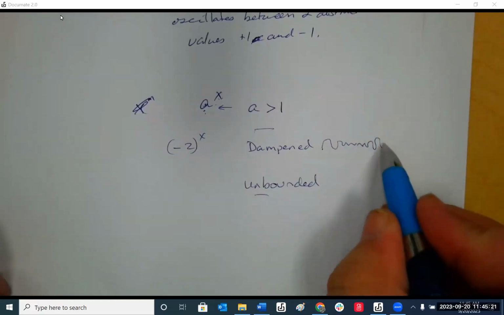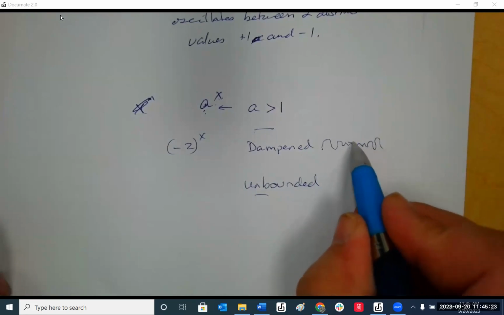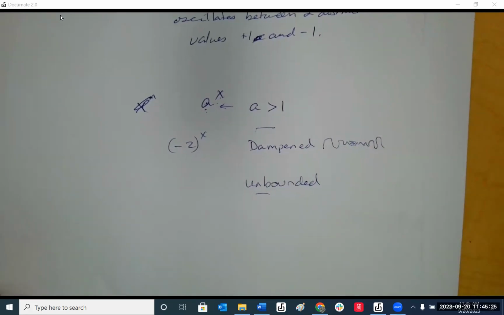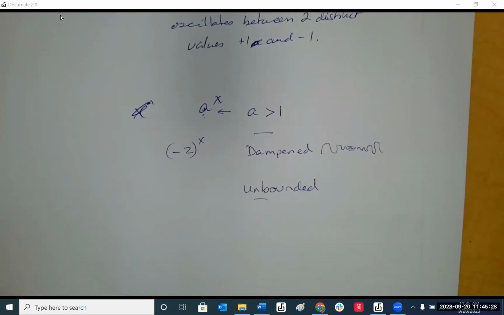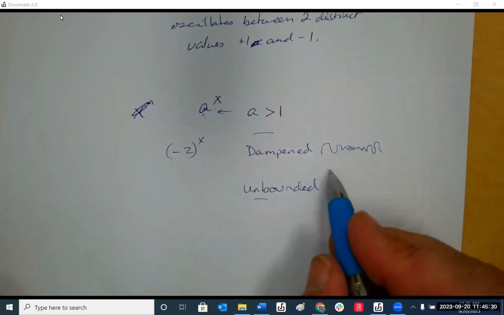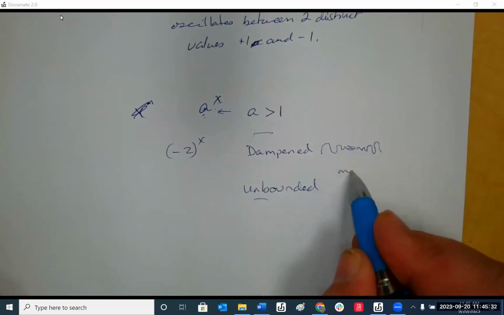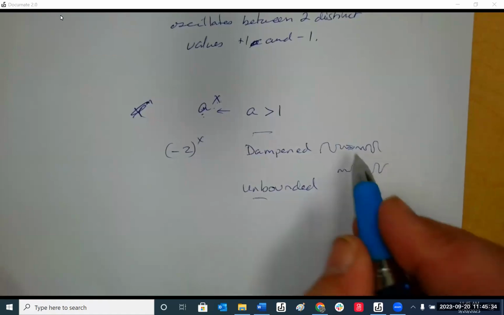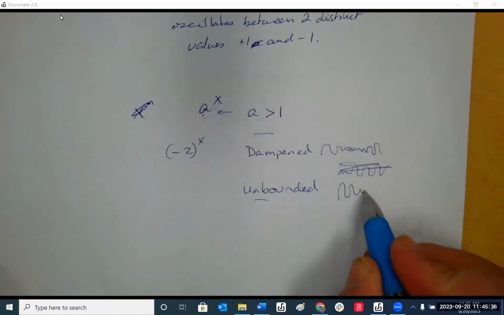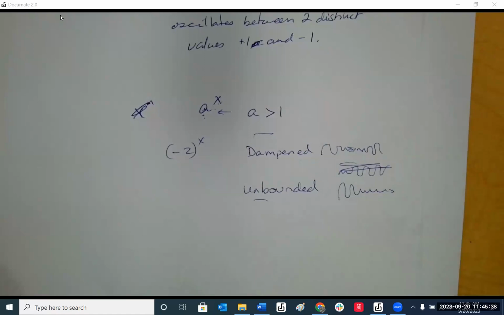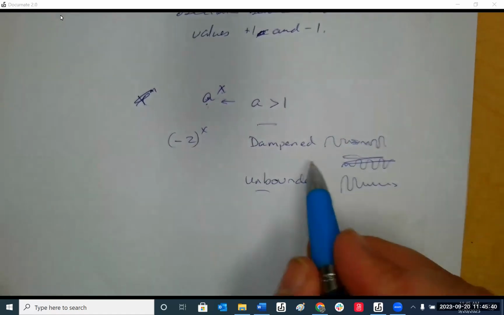They can dampen: it starts off big at both ends and then narrows down to a certain point. That's called dampening. Or it starts off big, and then as x goes to infinity, it gets dampened. So that's the dampened example.